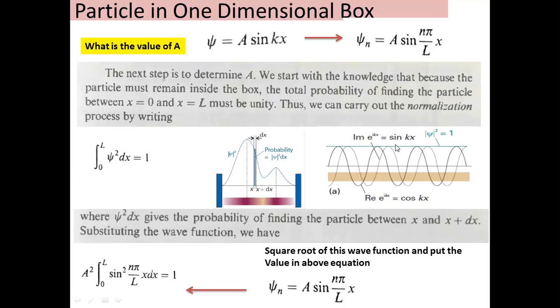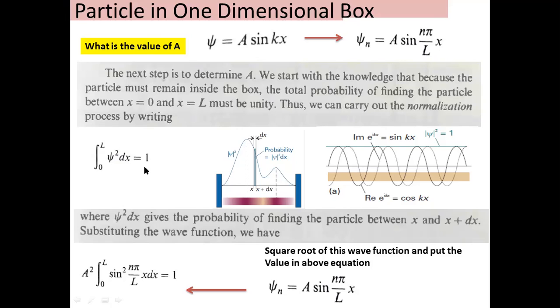It may be sine kx, it may be cos kx, the imaginary and the real, and we discussed that both are actually real functions. And when you take the square of this wave function, the maximum probability will be equal to unity, as indicated over here in this diagram.